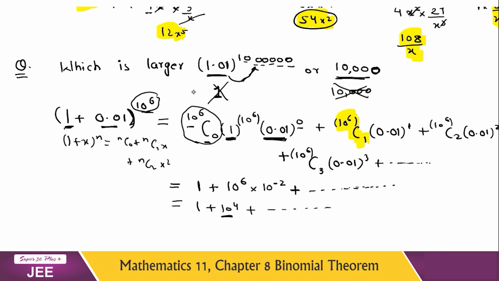In the expansion of this 1.01 raised to the power 10^6, we have seen that this is equal to 10,000 plus 1 plus some positive quantities, because we know that all the other terms coming over here in the binomial expansion are going to be positive.